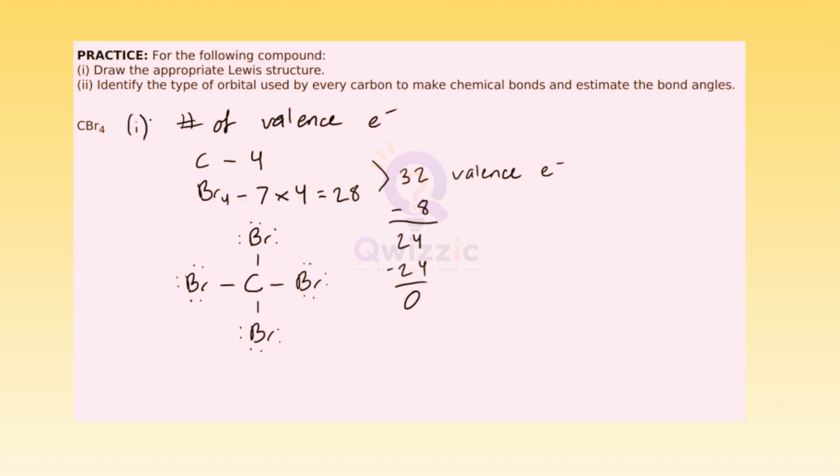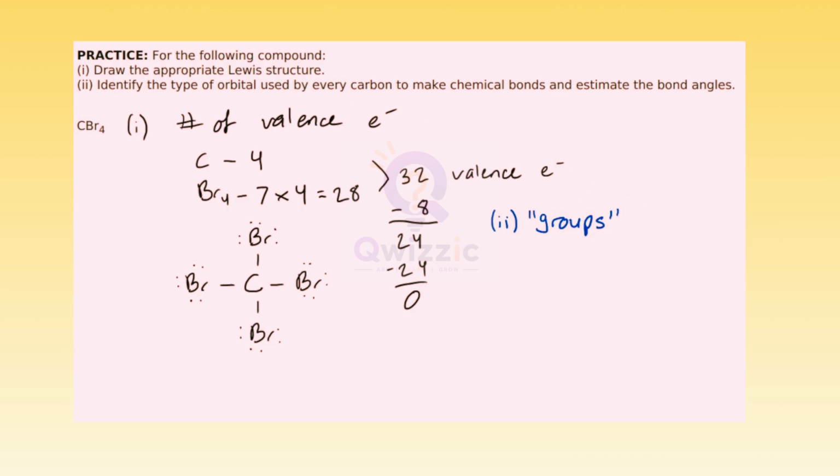And now, based on our Lewis structure, we can focus on part 2. For part 2, let's figure out the orbital used to make chemical bonds by figuring out the hybridization of our central carbon atom. Recall that for hybridization, we can figure it out for a given atom by counting how many groups are associated to that atom in question.